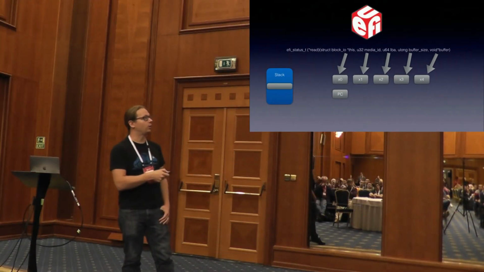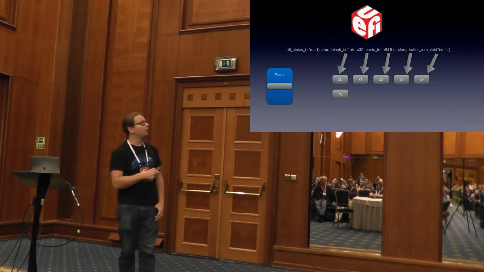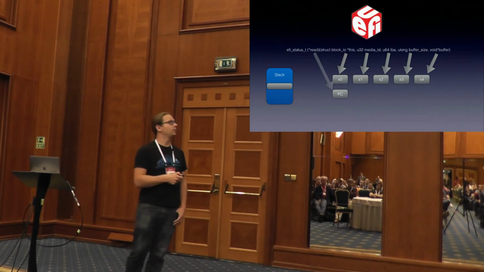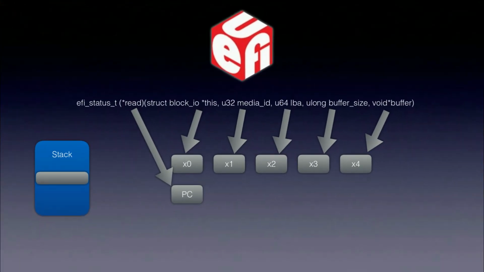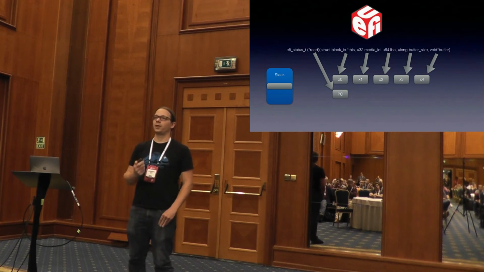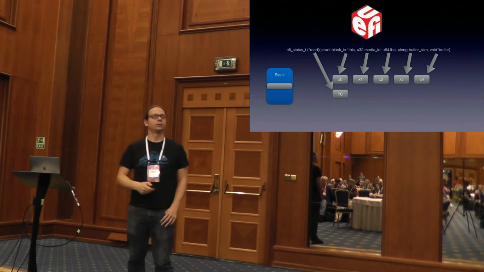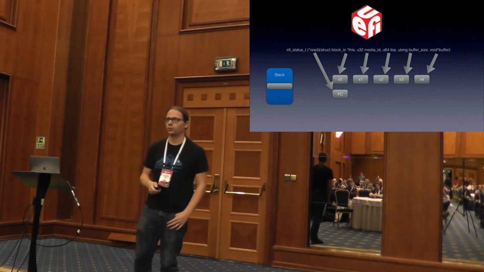So these are the ones for ARM. It then potentially also puts spillover registers on the stack. In this case, it doesn't. And then modifies the program counter to be the program counter of the function we want to call, so that the next instruction that gets executed is the one we want to execute. There's more to it, but this is in a nutshell what happens.